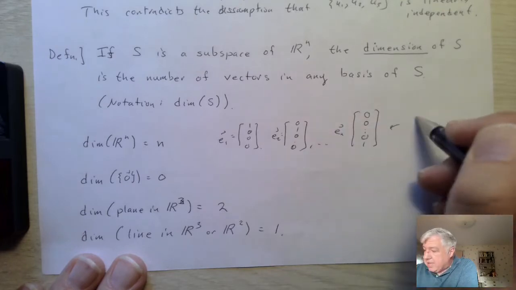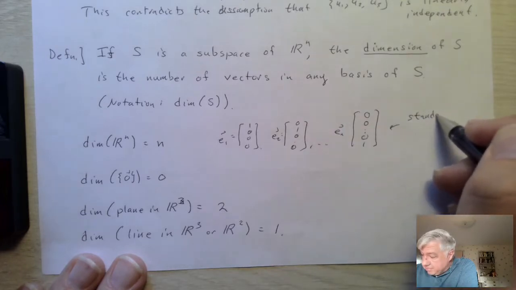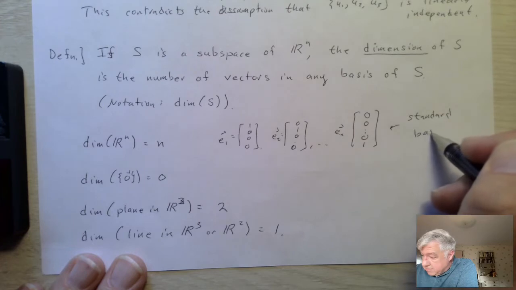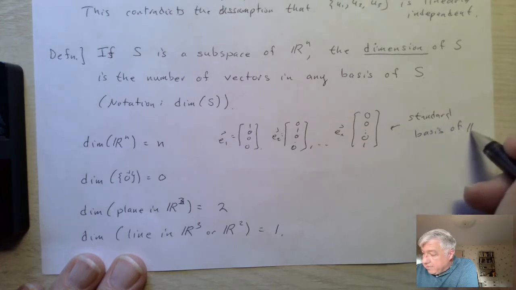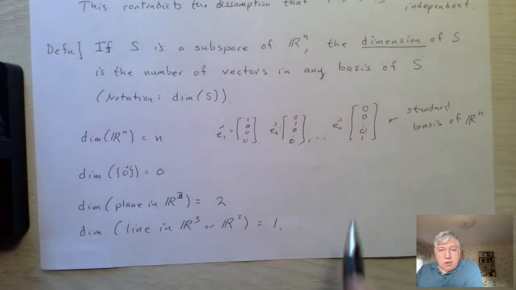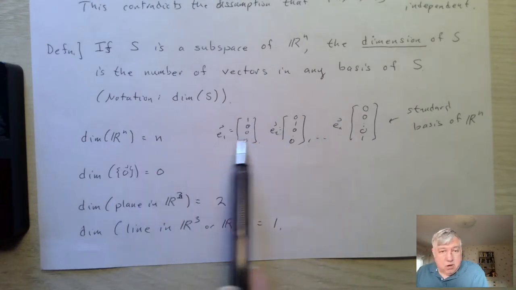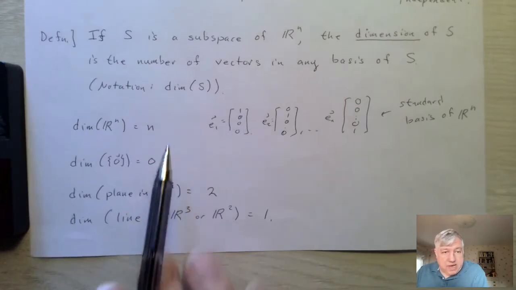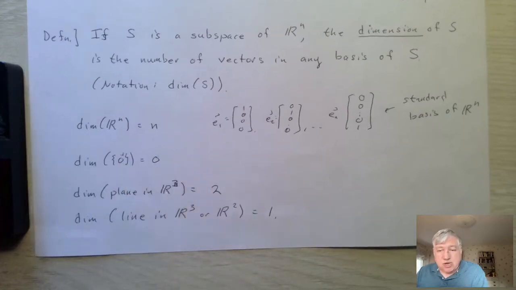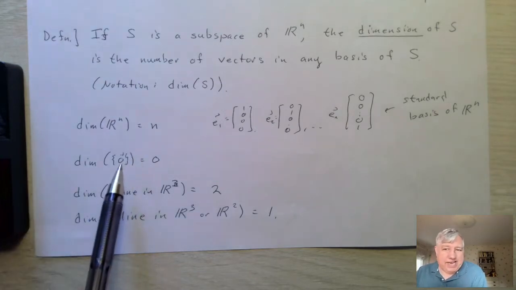This is a standard basis of Rn. You can clearly see these are linearly independent, and they span all of Rn. The dimension of the trivial subspace, by convention, we call 0. Technically, this does not have a basis, right?